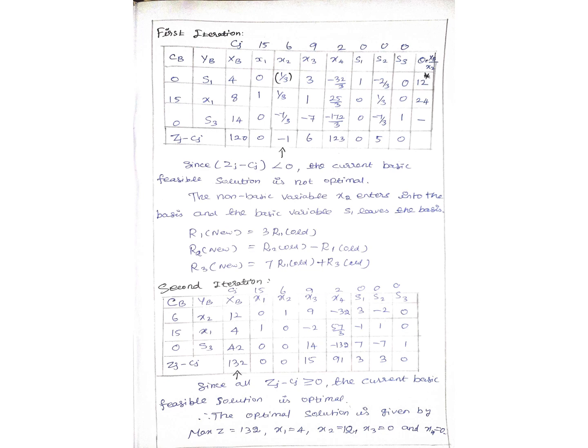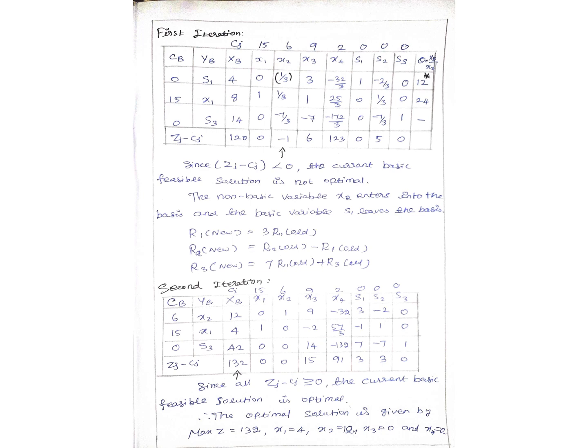So the first row is the key row, and this column, that is the x2 column, is the key column. So here s1 is the leaving variable, and x2 is the entering variable.